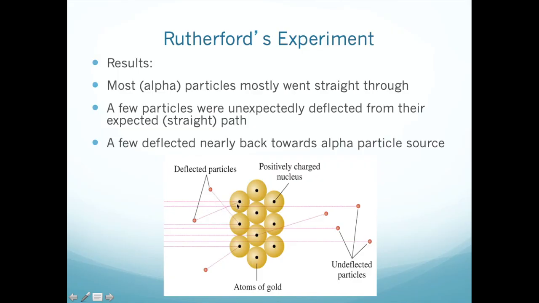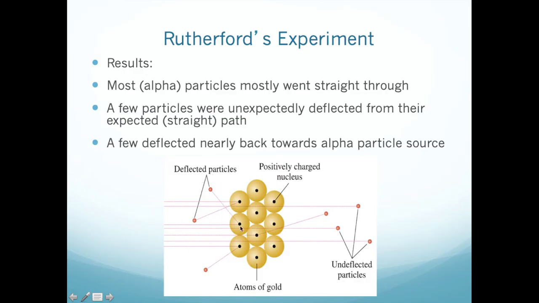Or in certain cases, they would bounce off. Because these pockets were so dense, the alpha particles couldn't go through them, and they would bounce backwards. And this was the really weird anomalous data that Rutherford picked up and realized, okay, I need to come up with a new model of the atom based on this.